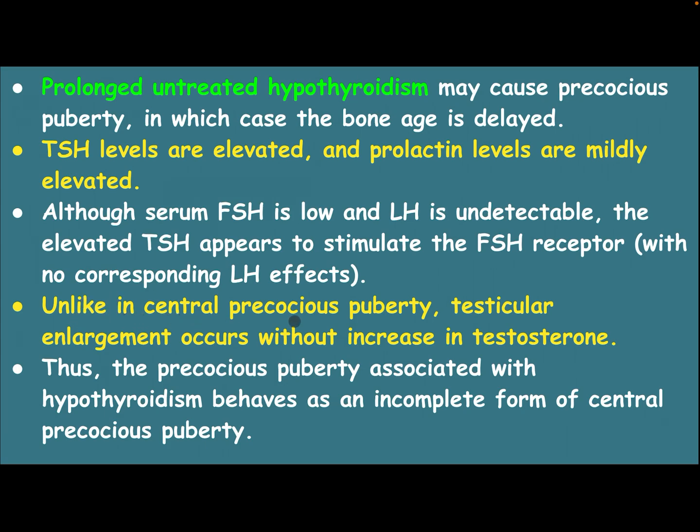Unlike in central precocious puberty, testicular enlargement occurs without increase in testosterone. Thus, the precocious puberty associated with hypothyroidism behaves as an incomplete form of central precocious puberty.